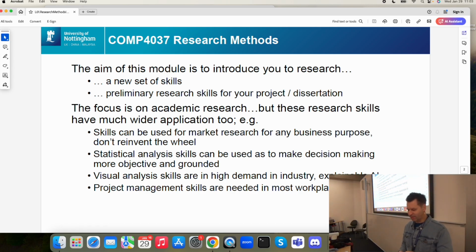The aim of this module is to introduce you to research. You've probably heard this word often, but today and throughout this module we're going to focus on what it is and how to conduct good research. It's a new set of skills that you probably haven't developed yet.